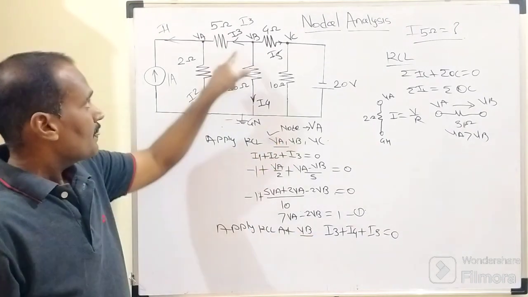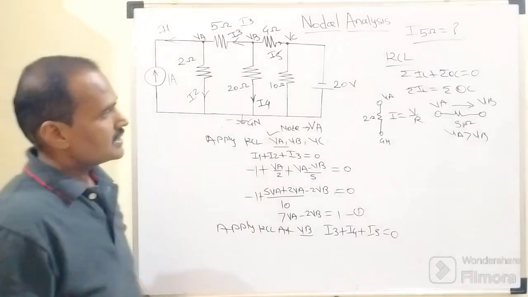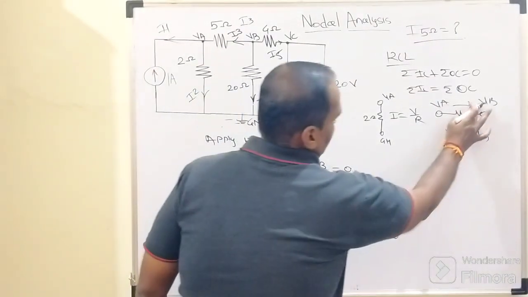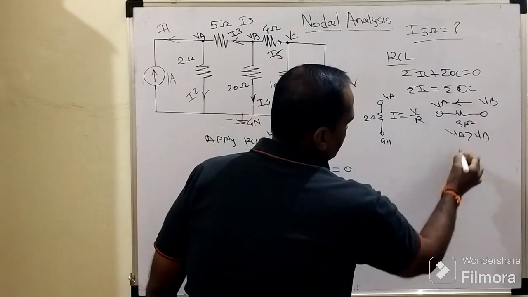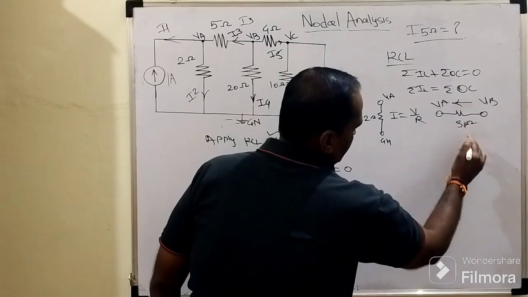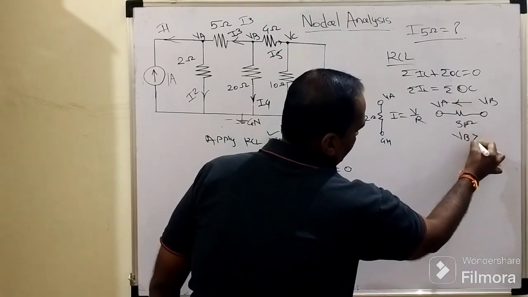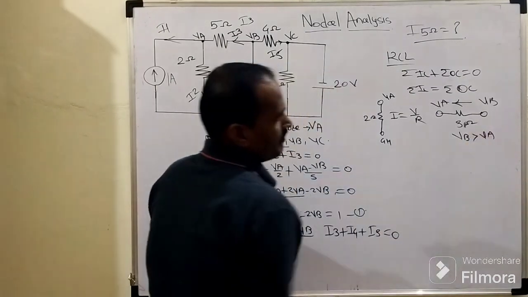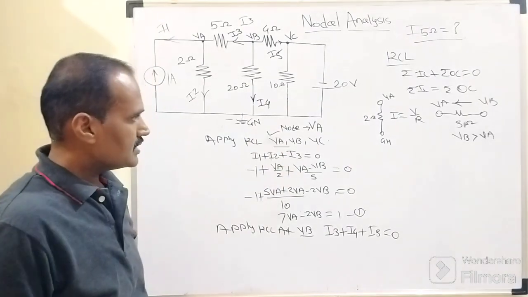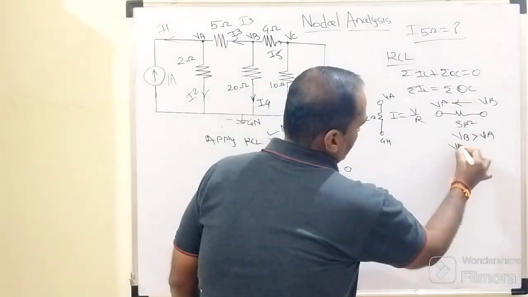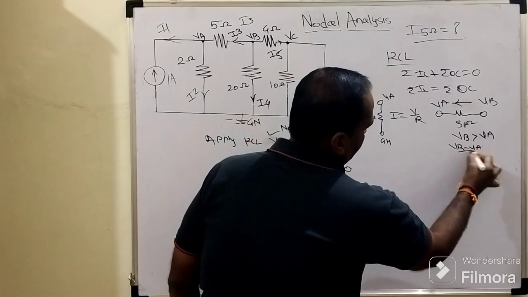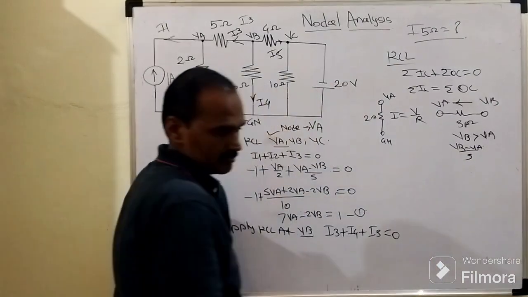I3 is the current flowing through this 5 ohm resistor, considered as outgoing from this VB. Since VB is greater than VA, according to Ohm's law, I3 equals VB minus VA divided by 5.